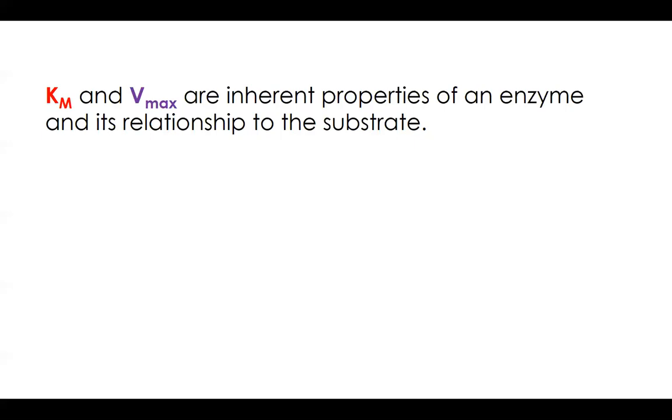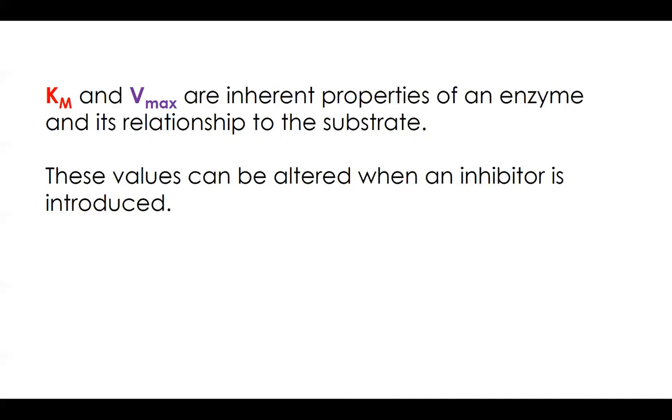These values, while they are inherent to the enzyme, are like our cars: some cars can go 100, some can only go 50. These values can be altered when an inhibitor is introduced. This is also true for activators, but we're just going to be looking at inhibitors today.